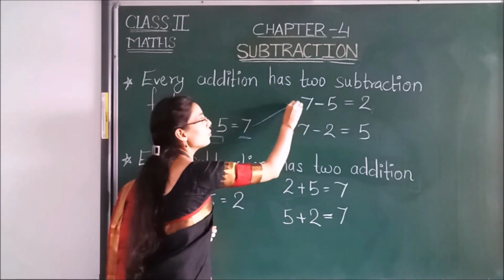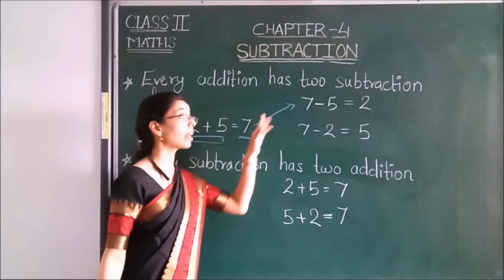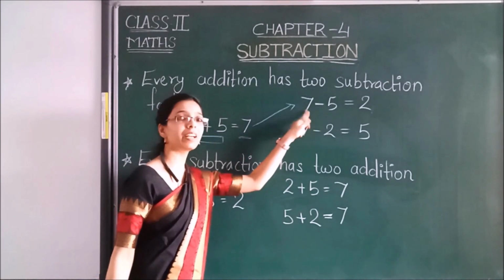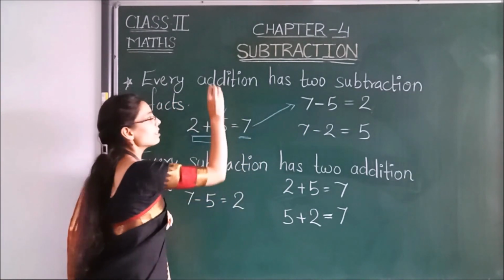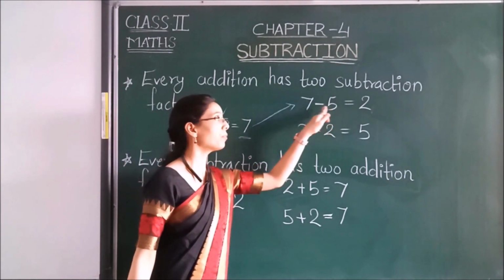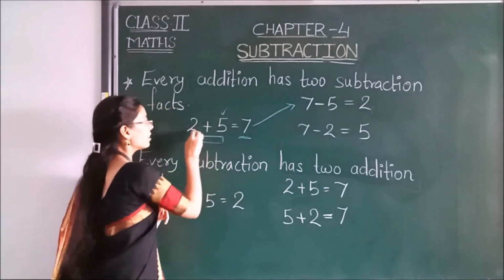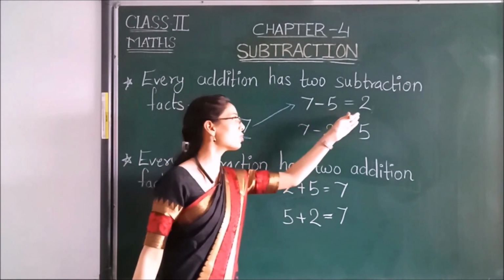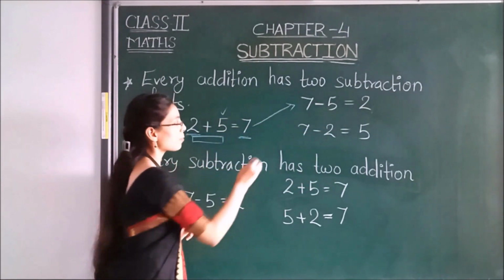So first we will always write the bigger number. Then we can subtract one smaller number. 7 minus 5. When we subtract 5 from 7, we get 2. 7 minus 5 is equal to 2. This is one subtraction fact.